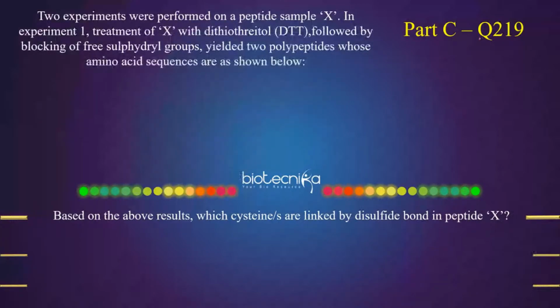Okay, shift 2 part C questions. Let's discuss. Two experiments were performed on a peptide sample X. In experiment 1, treatment of X was done with dithiothreitol, which is DTT. Now, what does dithiothreitol do? It's a reducing agent. It will break the disulfide linkages and convert them into SH groups.